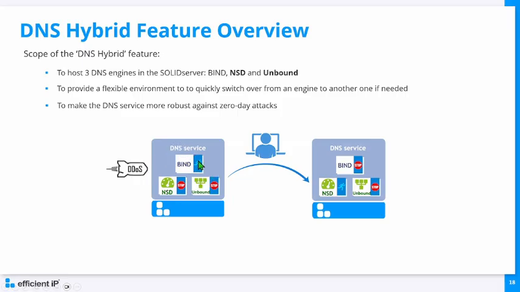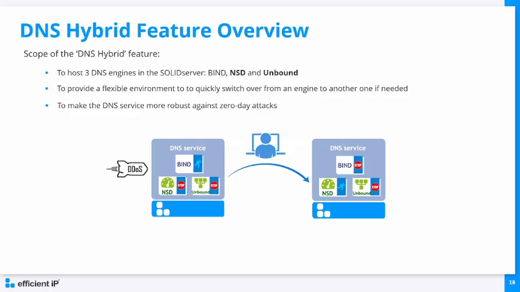In case your BIND engine is under attack, which is not secure now, you can switch the engine to NSD or Unbound, because it might be a 0-day attack. A 0-day attack on BIND, you don't expect it.